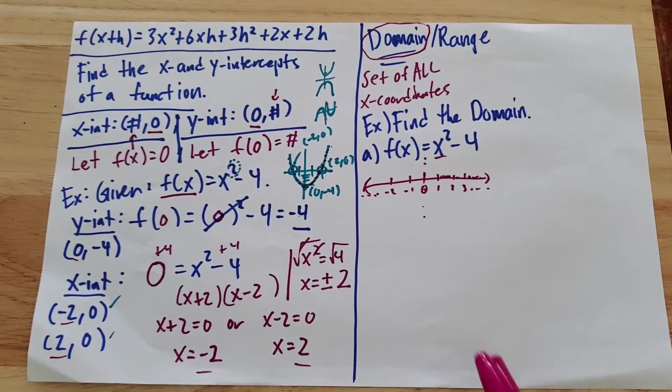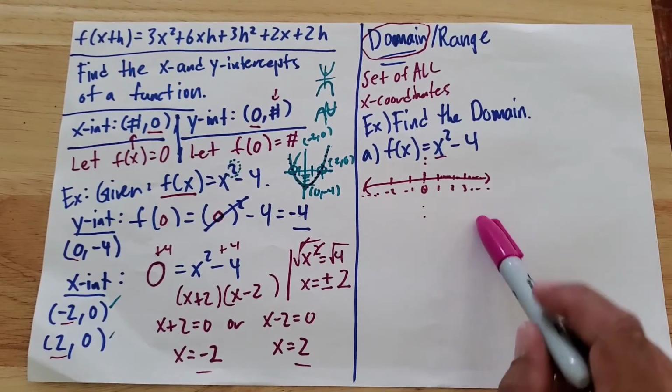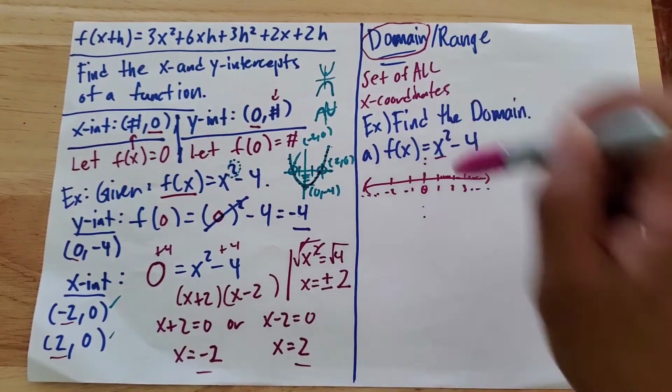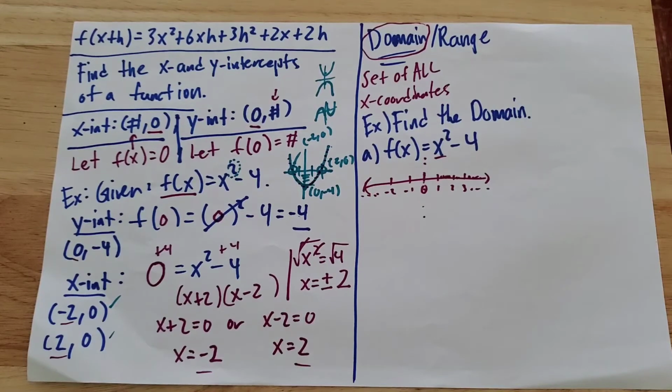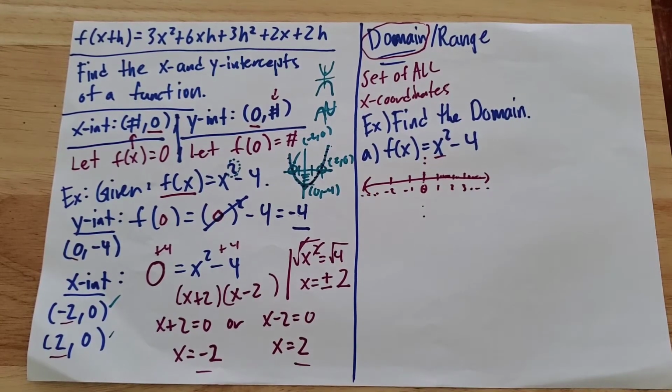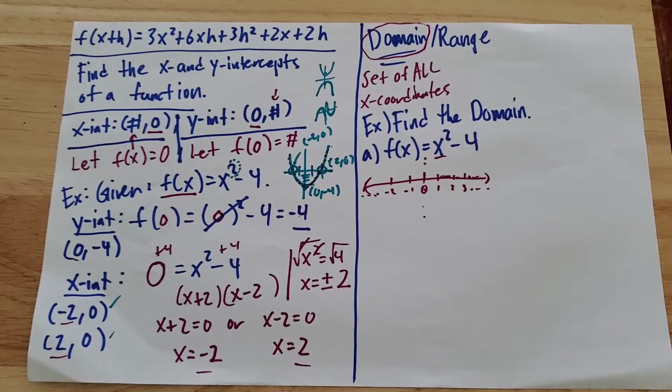You want to ask yourself, do any of these numbers make it impossible to do inside of here? Again, you can plug in a decimal. You can do 0.2 squared or 0.5 squared. It's going to be an ugly number, but that doesn't mean it's not going to be a real one. If you plug in negatives, -1 squared is 1.